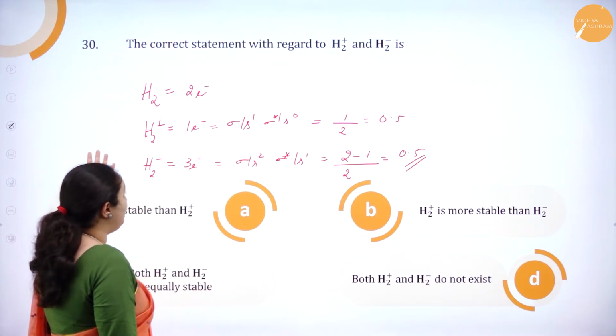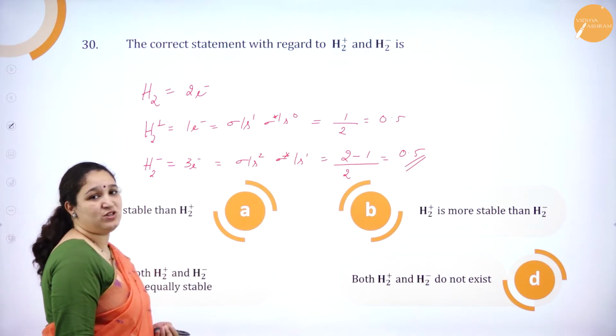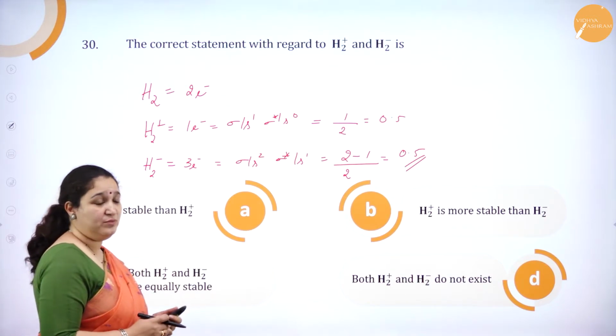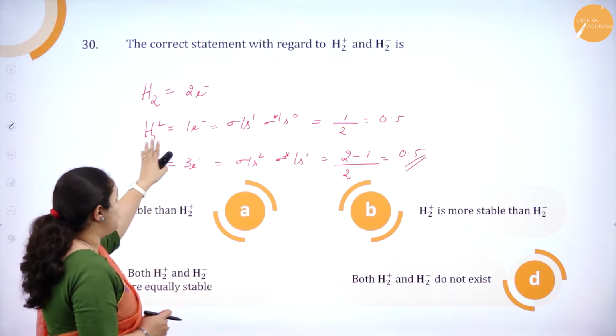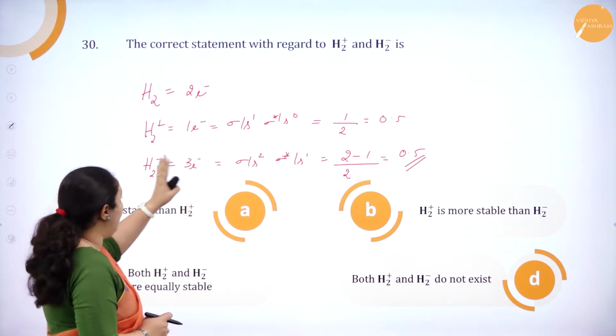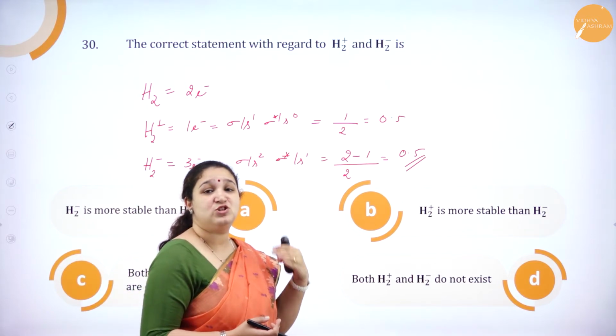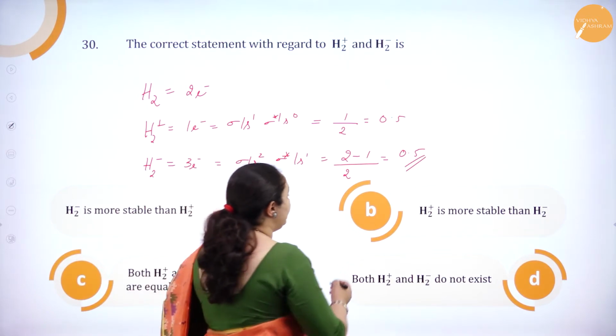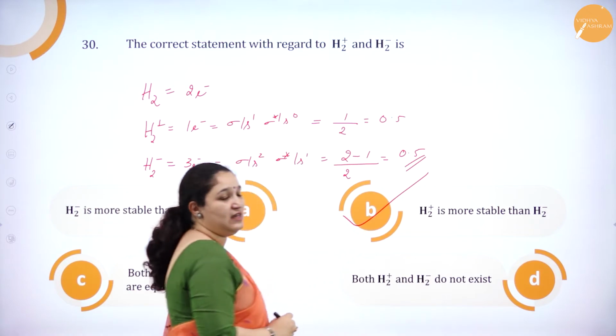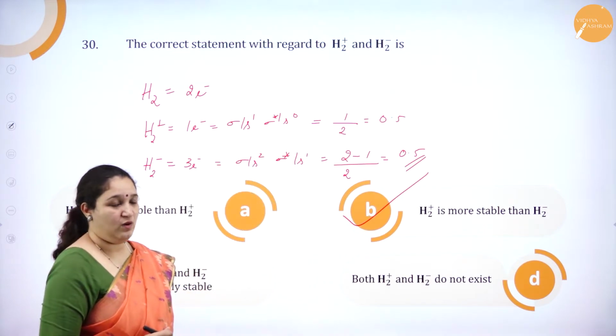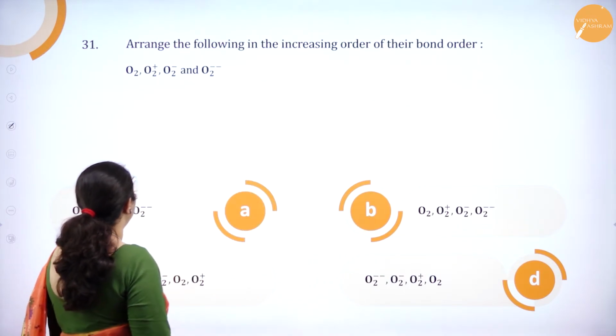So H2+ is more stable than H2-. Why is it so? Because in H2+ there is no antibonding electron, in H2- there is one electron. Based on that we are saying that H2+ is more stable than H2-, and option B is the correct answer. Okay, we'll go to the next question.